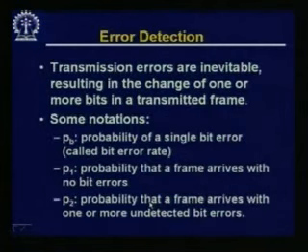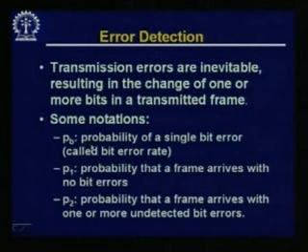Transmission errors we take as inevitable, resulting in the change of one or more bits in a transmitted frame. The rate of error may be high or low, but there will always be some error, that is what we assume. Let us see what it means if there is a finite probability of error for a particular bit.